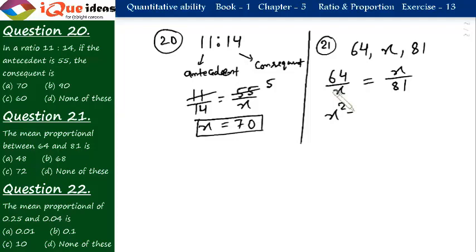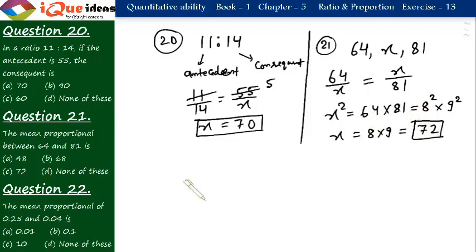So x into x, that is x square, equal to 64 into 81. Now 64 is 8 square and 81 is 9 square. So x will become equal to 8 into 9, and that is 72. So the mean proportional of 64 and 81 is 72.